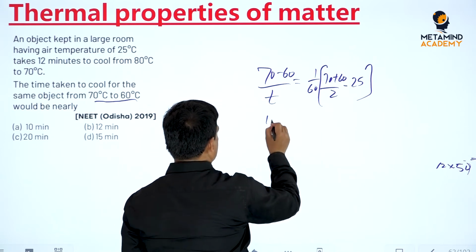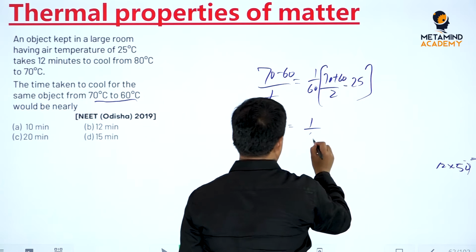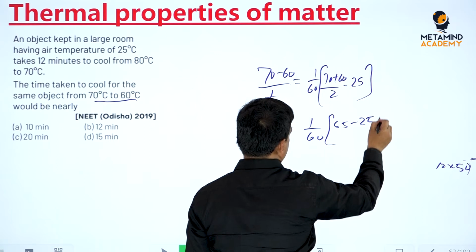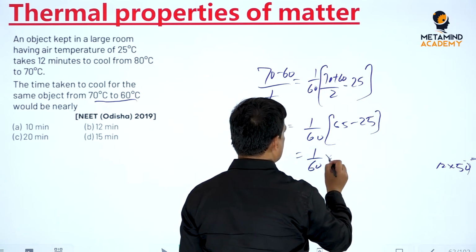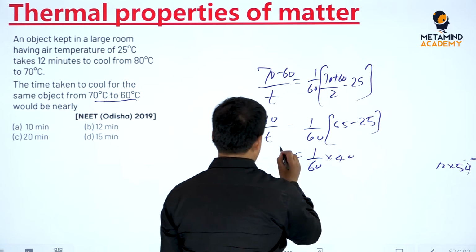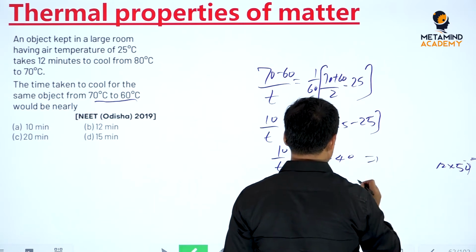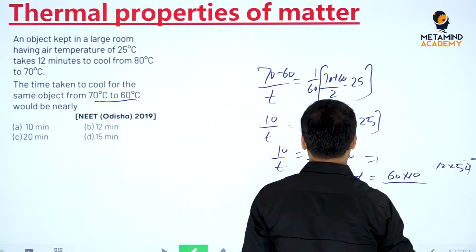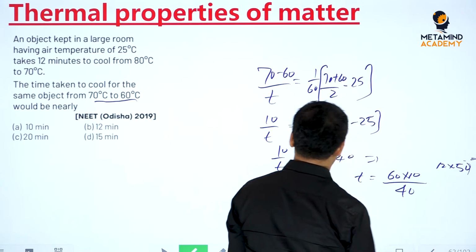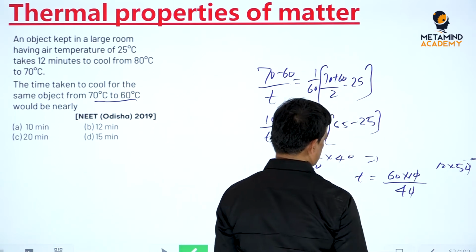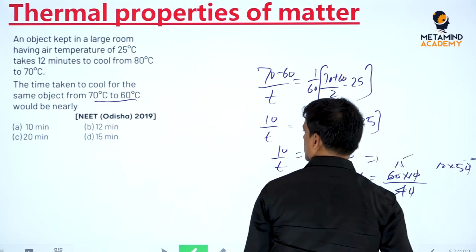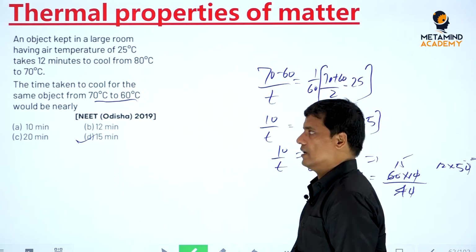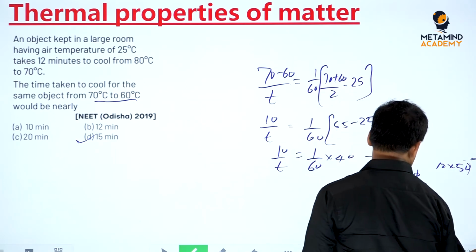Okay, so it's 10 by t is equal to 1 by 60 times (65 minus 25). 65 minus 25 is 40. So 10 by t is 40 by 60. This implies t is equal to 60 into 10 by 40. Right? 15. Answer is 15 minutes. Okay, so this is the solution. Next.